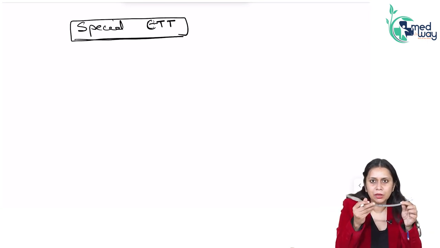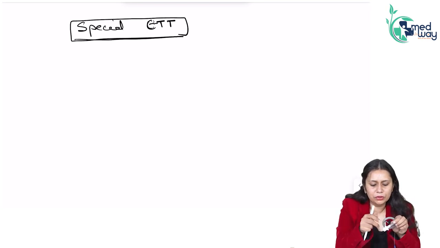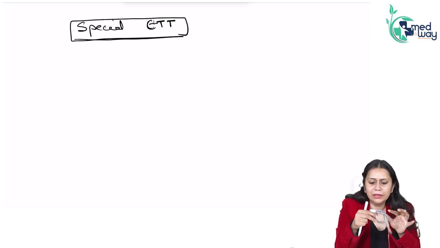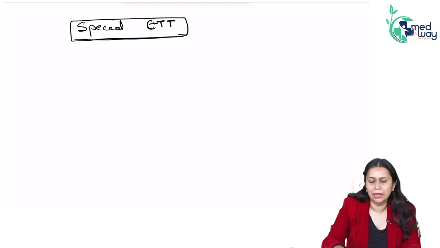If you see this tube, it has a metallic wire on its inner circumference. So if I fold this tube like this, the inner diameter or inner circumference is maintained. It does not get obstructed because of the metallic wire.